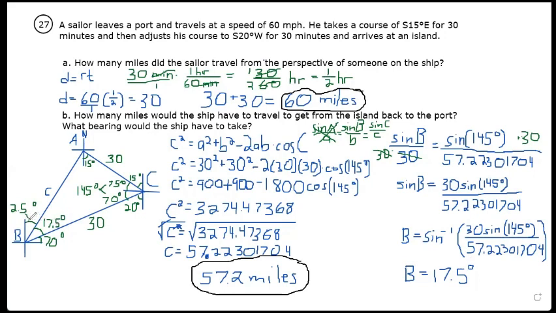Now we're ready to find this particular angle. Once again, we see that we're dealing with a right angle, which has a total measure of 90 degrees. So we could just take the 90 degrees, subtract the 70, and then subtract the 17.5, and that will give us 2.5.